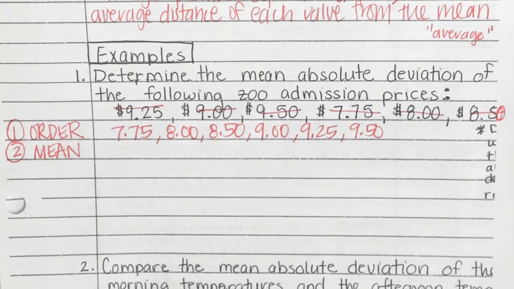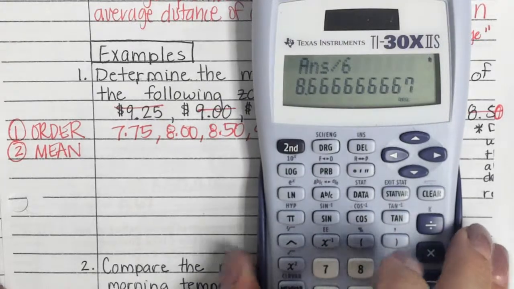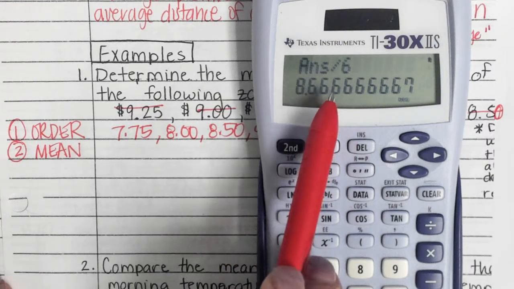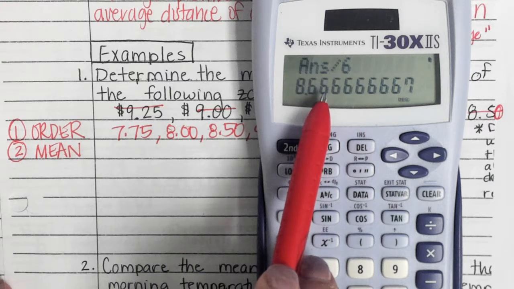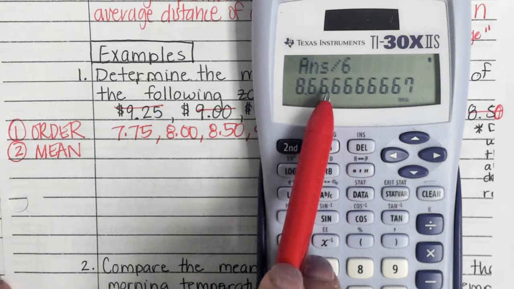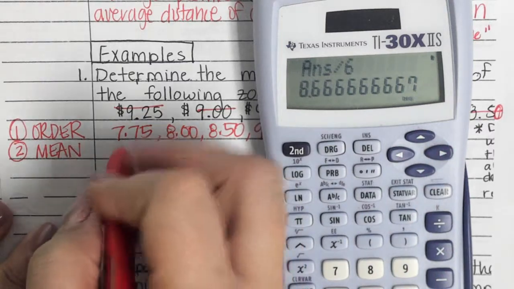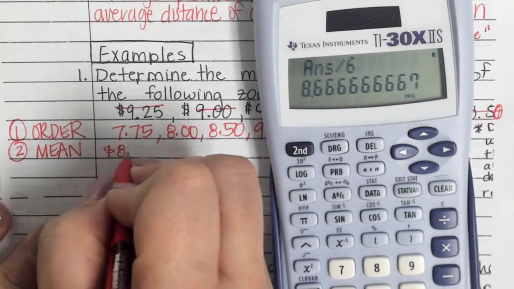So we're going to add all these together. We're talking about money now, so I'm going to go to 2 decimal places. I look to the right. That 6 tells the 6 to round up. So we're going to say our mean is $8.67.